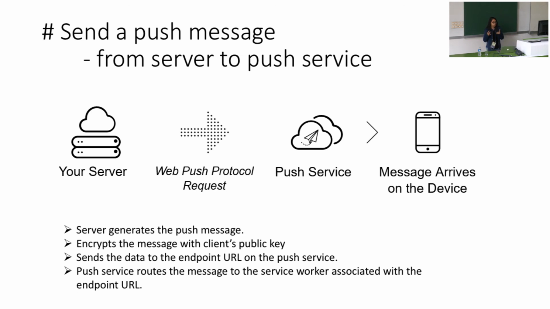Next, it is the duty of the push server to route the message to the actual service worker associated with that endpoint URL. These endpoint URLs are unique URLs associated with just one service worker. So that's how you make sure that your message is routed to the correct place.